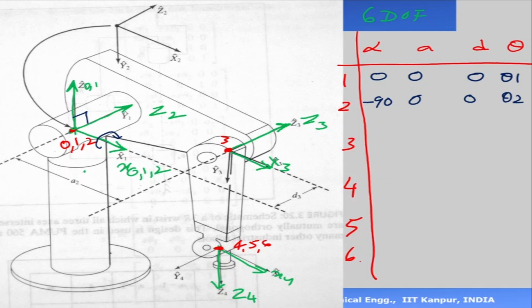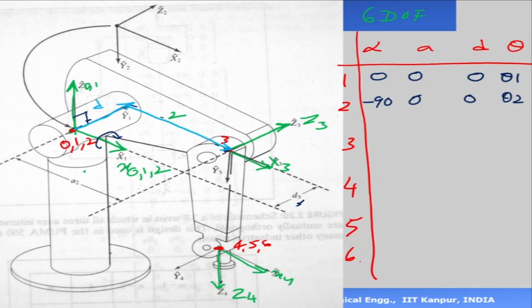Now let's take the third one. Please note that the third axis is here. The origin of the second axis, you can imagine as traveling like this on that plane. So there is a distance of d3 there, then it goes forward like this, and then it becomes that axis. If you look at the third axis, it has traveled in this direction to that plane, and then along the plane it has gone there.